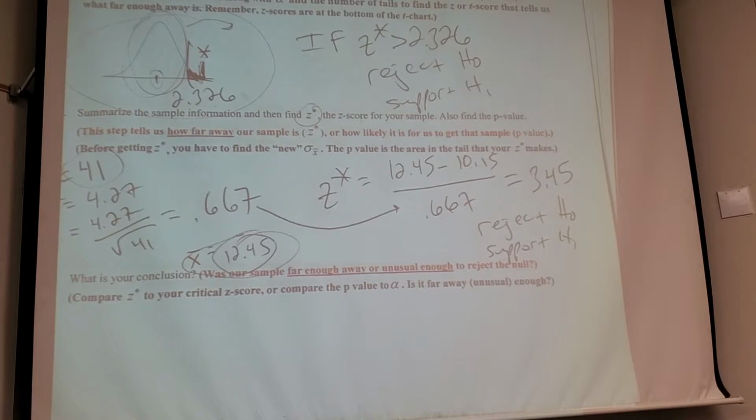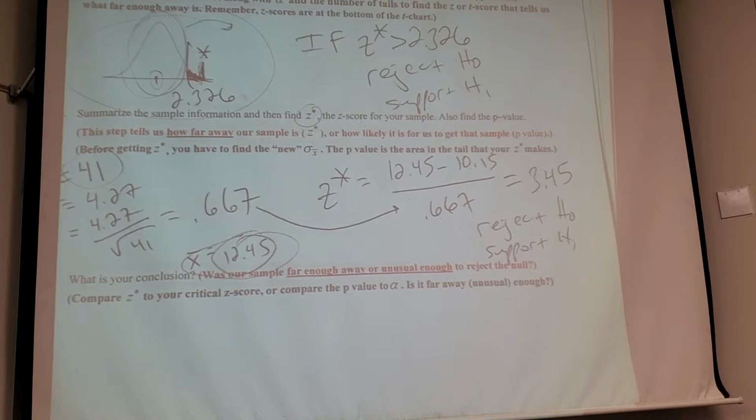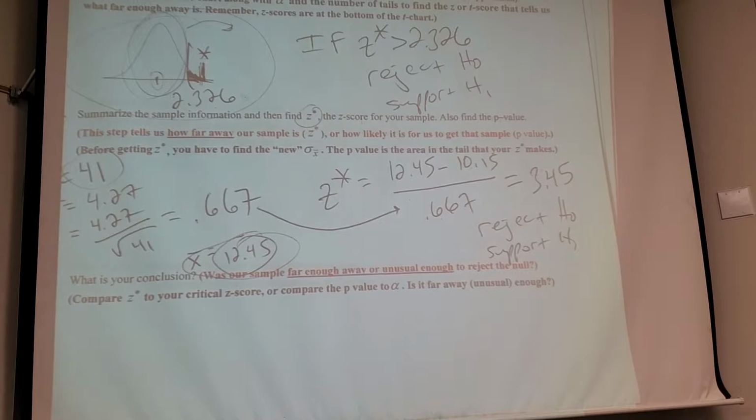So for example, in a court case, what is the prosecutor trying to find evidence for? Let's say it's a murder trial. Somebody's on trial for murder. He says he didn't do it. The prosecutor is trying to find evidence against him being innocent. He's trying to find enough evidence to say he's guilty.